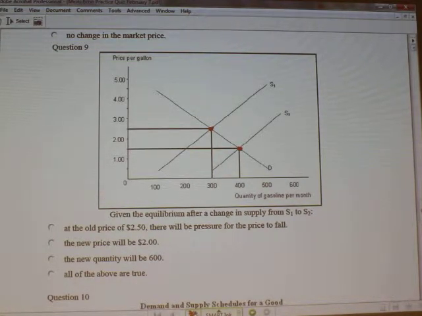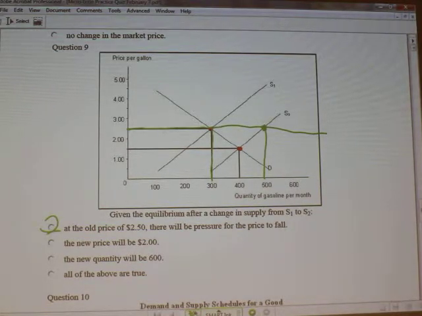Well, let's consider that. At the old price of $2.50, if it stayed the same after the shift, what would happen? The quantity supplied would be 500. The quantity demanded would be 300. And what's this called? Surplus. Whenever there's a surplus, there's downward pressure on price. So yes, A appears to be right.